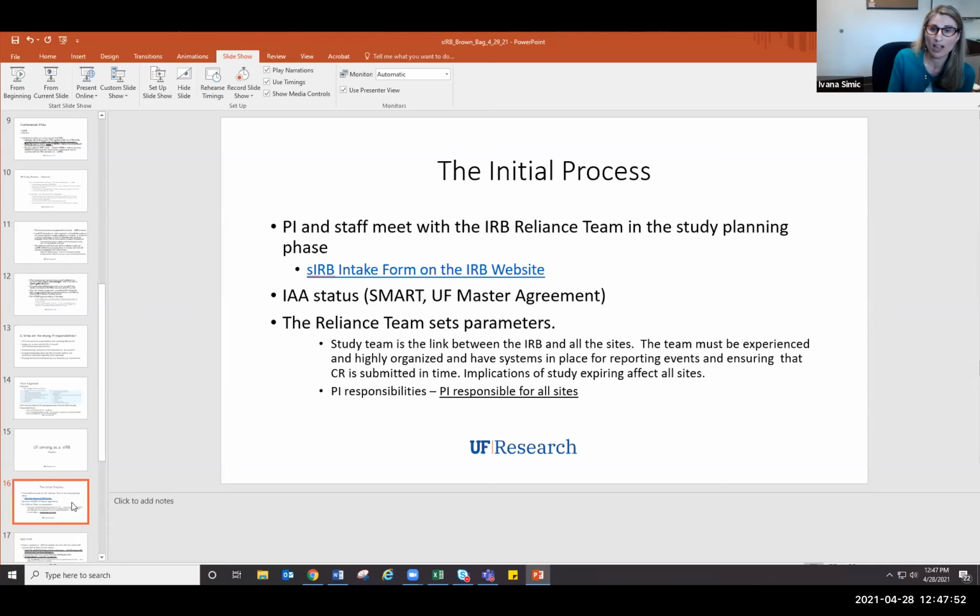Because remember, the single IRB has the regulatory oversight for the study. And of course, the PI responsibilities grow exponentially because the PI is responsible for all sites. And the PI is the communication hub. So when we set up parameters, we really drill in on the communication plan that's typically submitted as part of the protocol for any single IRB study, and it's evaluated.